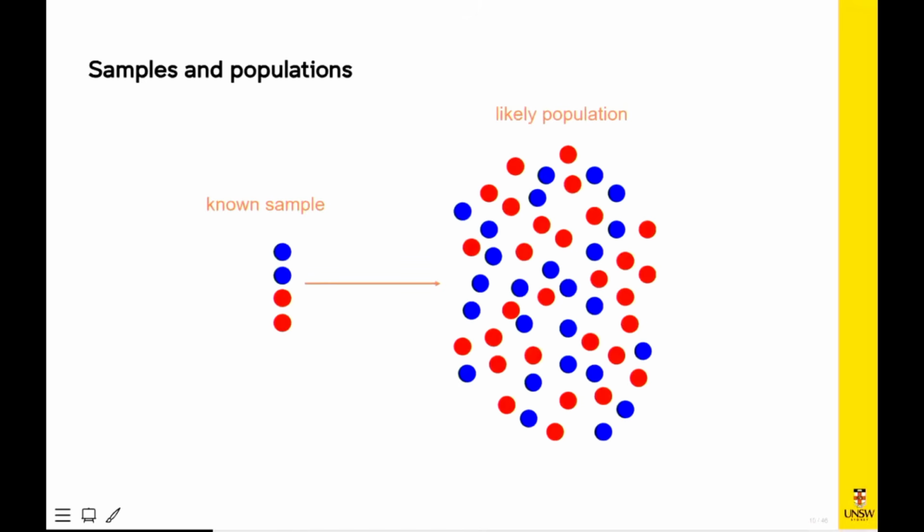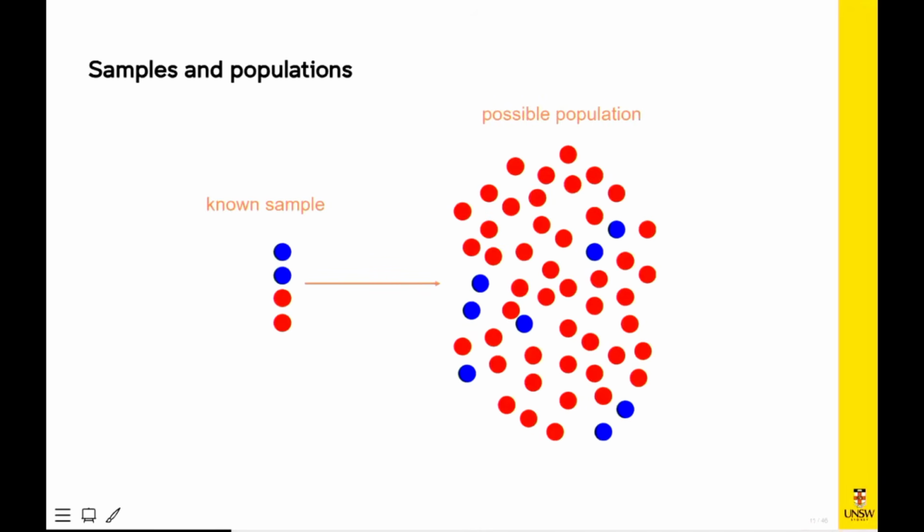What I'm trying to do is take what I know from the sample and make inferences about the population. So my best guess is that the bigger population has about 50% blue and 50% red. So I think it probably looks like this, and that's based on what I see in my sample.